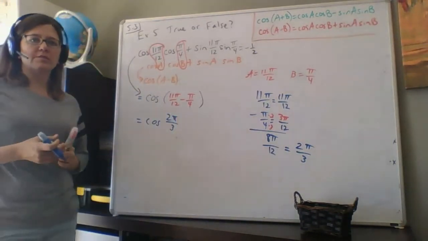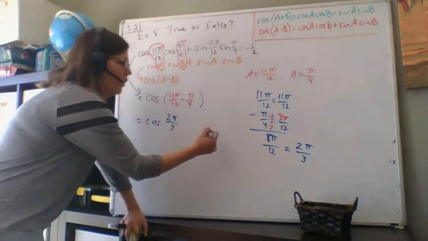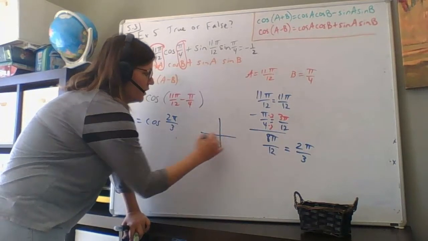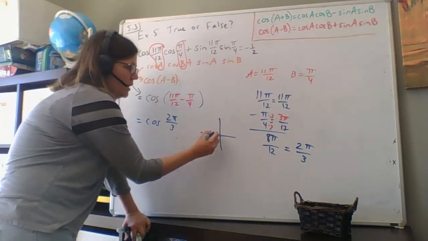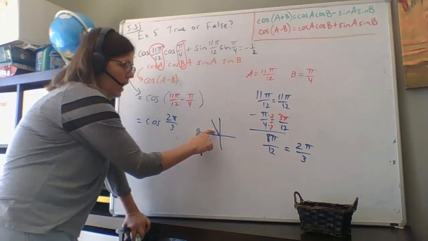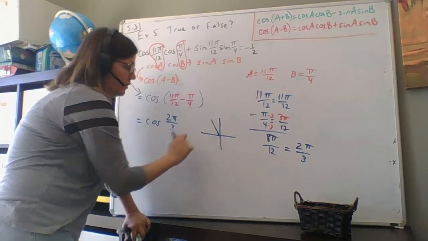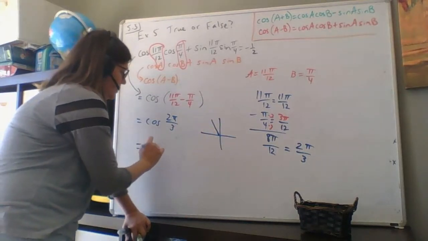Now, what do you notice about 2 pi over 3? That is a special angle. If we think of this as 3 pi over 3, then we're going to be here with pi over 3 as our reference angle, or 60 degrees. So here the cosine is -1/2.